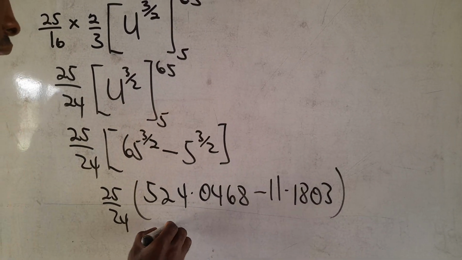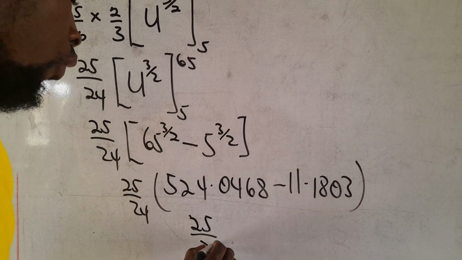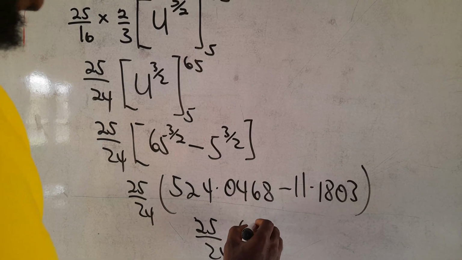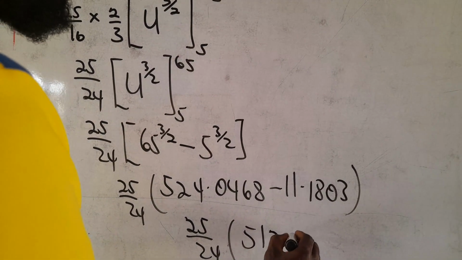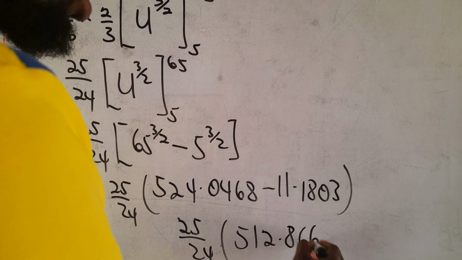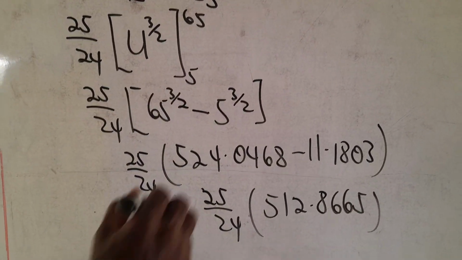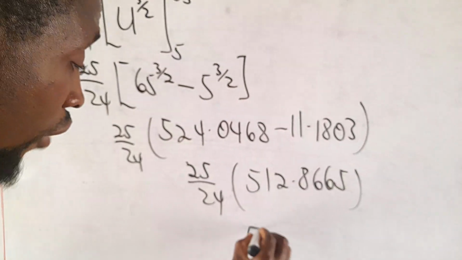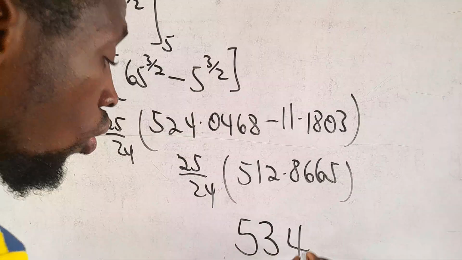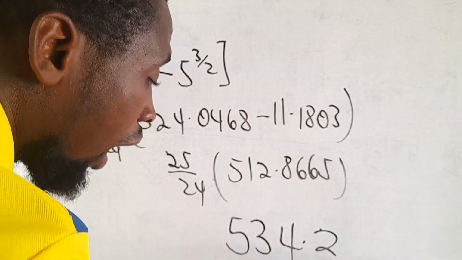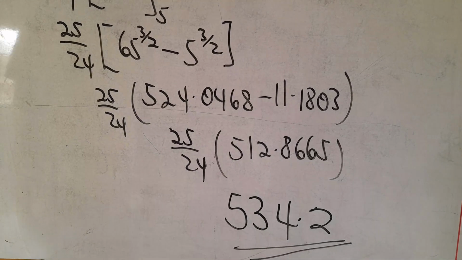This minus that will give me 512.8665, all multiplied by our 25 over 24. We'll get our final answer to be 534.2 as our surface area.